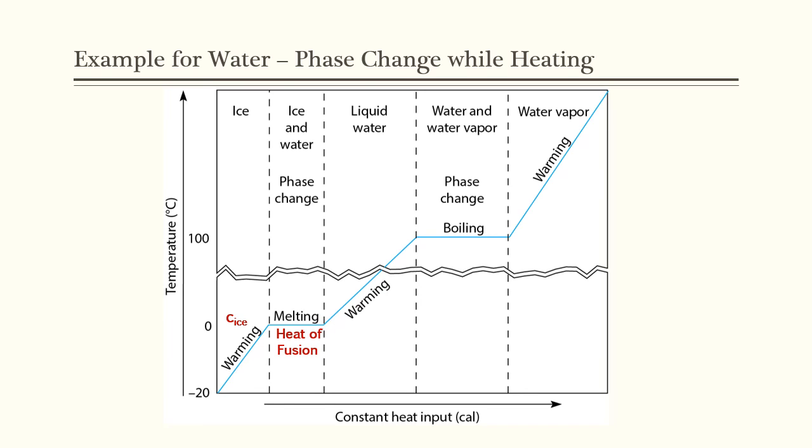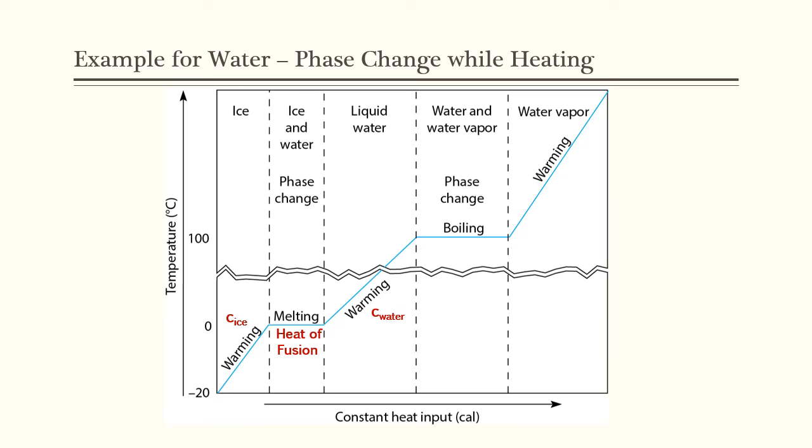Now we have the heat capacity of water. So this warming, how much the temperature rises and at what rate, is governed by the specific heat of water. So again, we're putting in a certain amount of calories, and calories per gram degrees C determines the slope of this line.